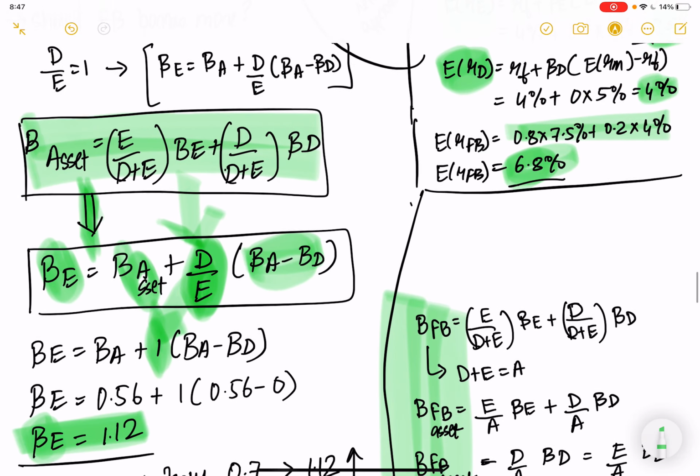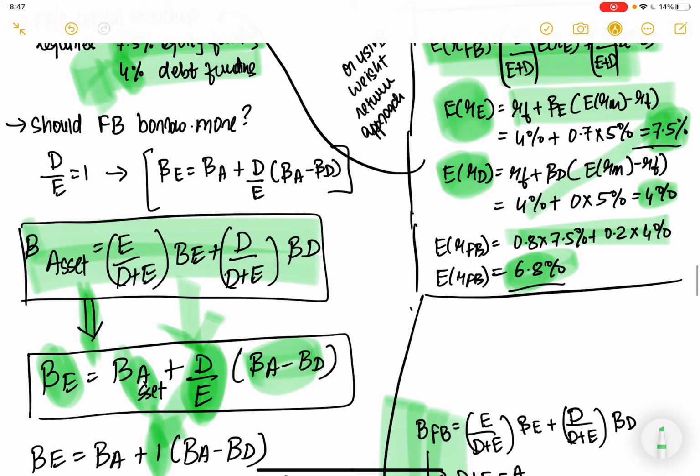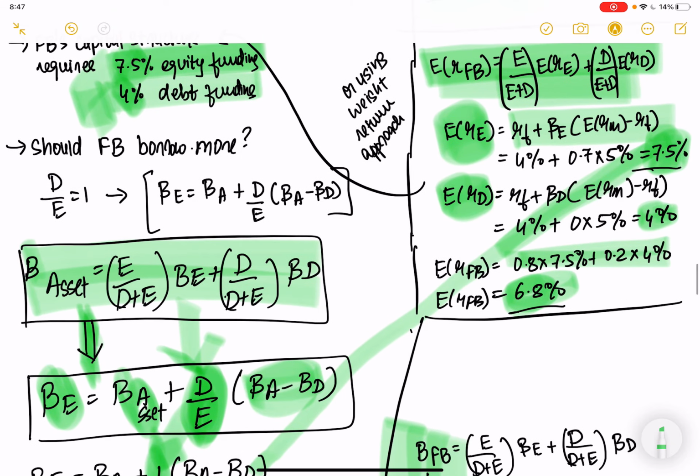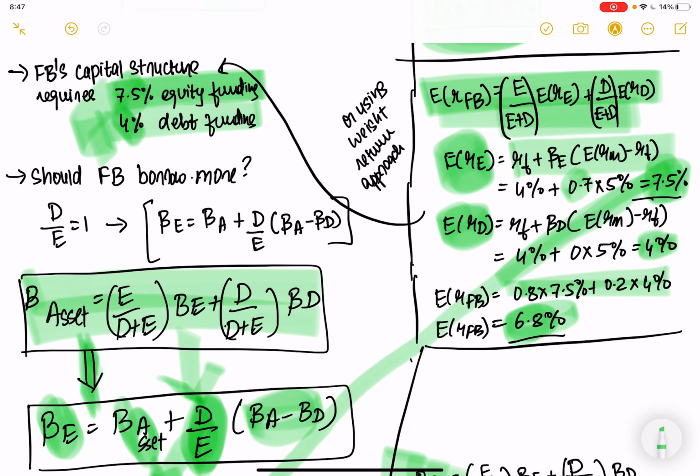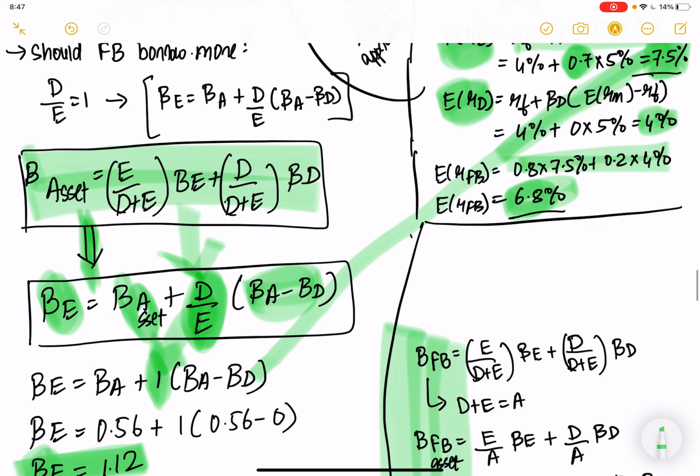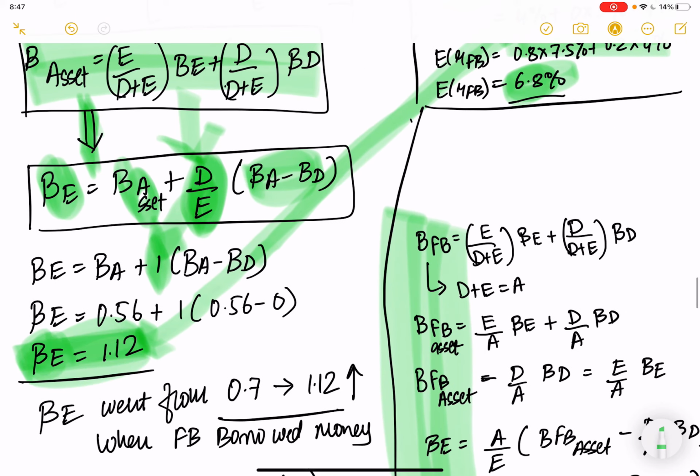Beta of equity goes from 0.7 right here to 1.12. So beta of equity actually went up. That means that Facebook's equity got riskier because they started borrowing more money.